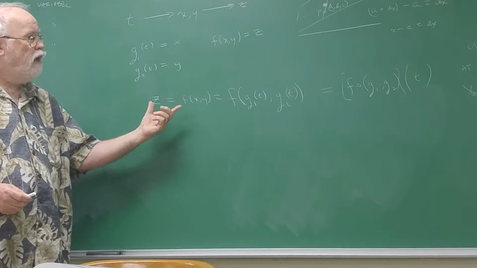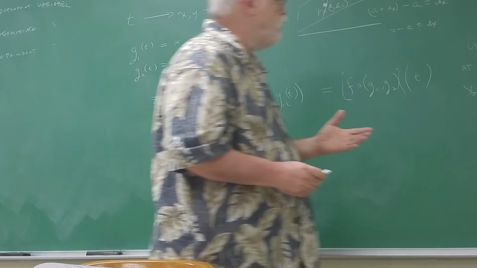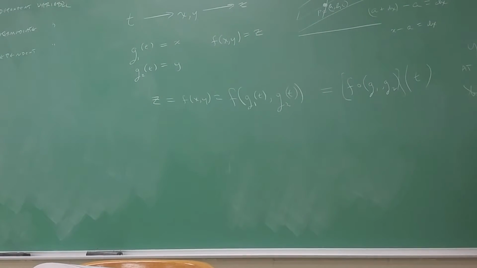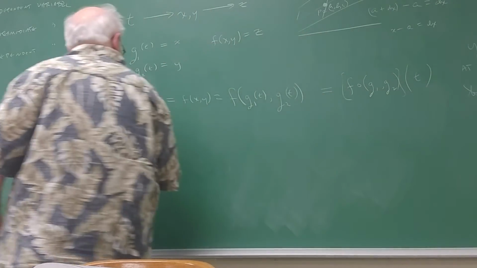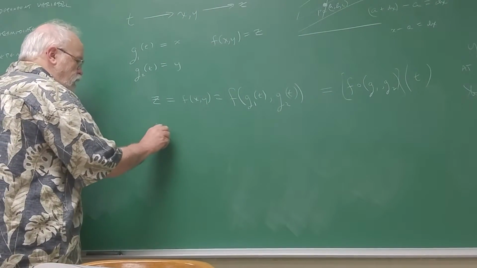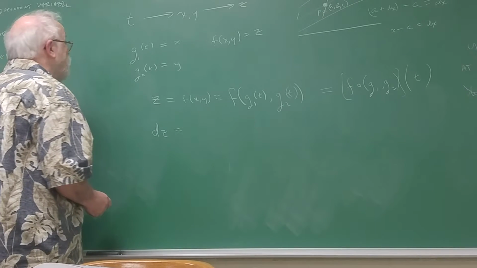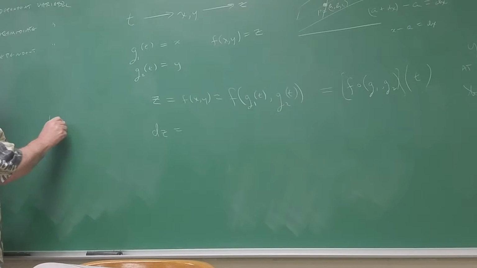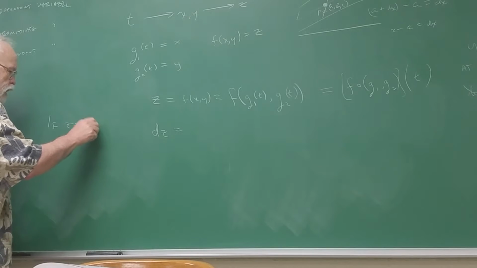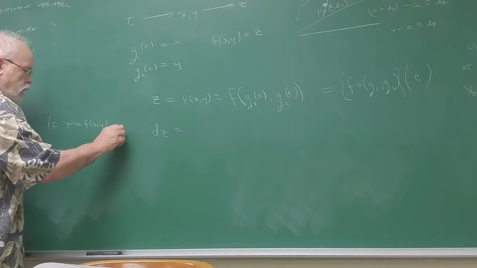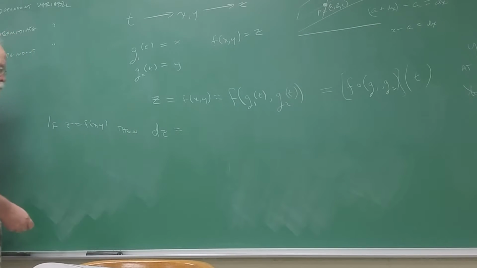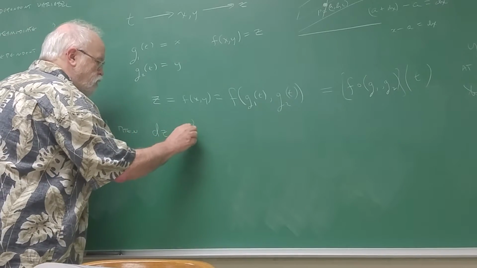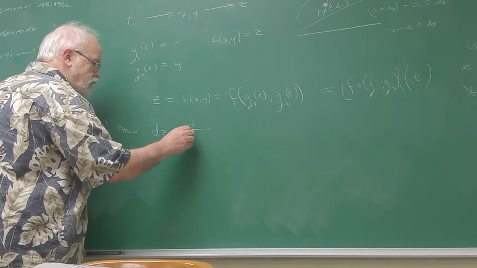Looking at this, do I still have the formula for differentials up here somewhere in some form? Well, not really. I'm going to write down the formula for differentials. So if z equals f of x, y, then what's dz? f sub x. Well, say it with dels.